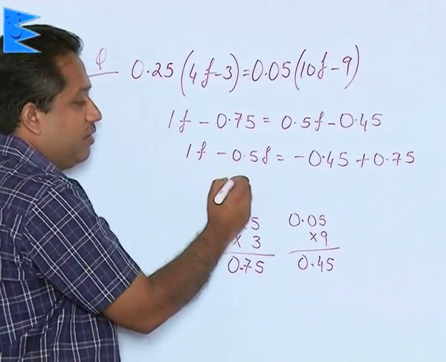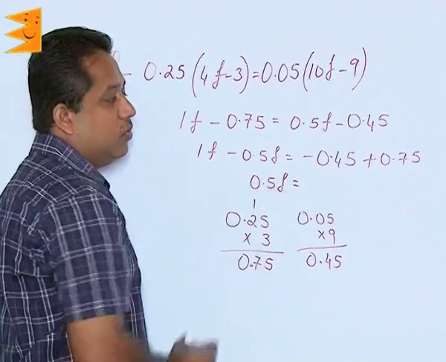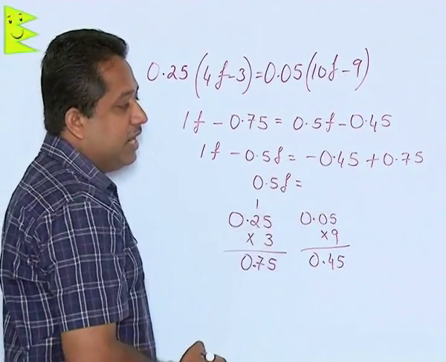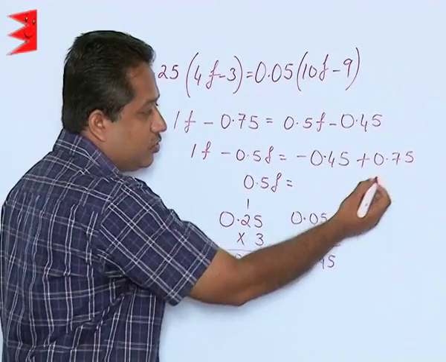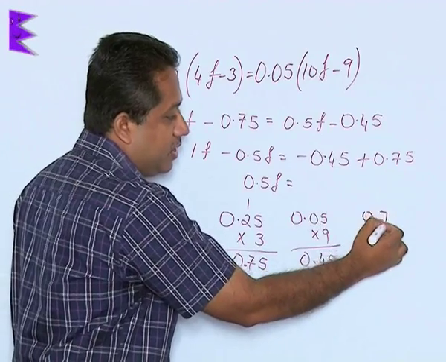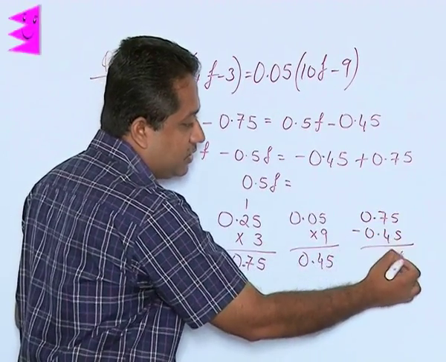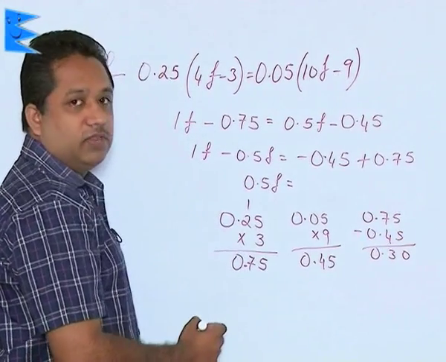Now, 1 minus 0.5 we know is 0.5f is equal to, there is a plus here and there is a negative. So, plus and minus means negative, which means that you will have to subtract this. So, 0.75 minus 0.45 is going to give us 0.30, or we can simply write it as 0.3.